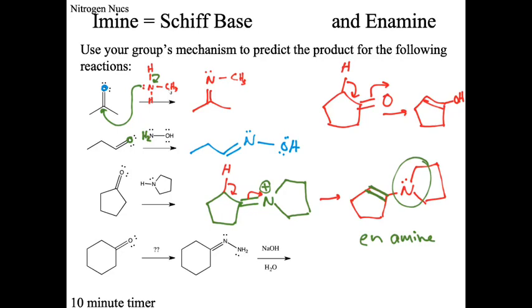Okay. Last one. What's that question mark? What did we put on there? What did we attach? And? NH2. Okay. We then add a strong base, sodium hydroxide. What does that sodium hydroxide attack?